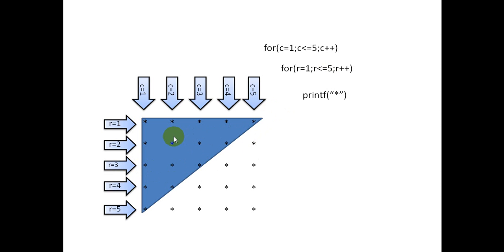So when the row number is incrementing, the star number is decrementing each time. So we have to decrement the number of stars when we are printing each row.